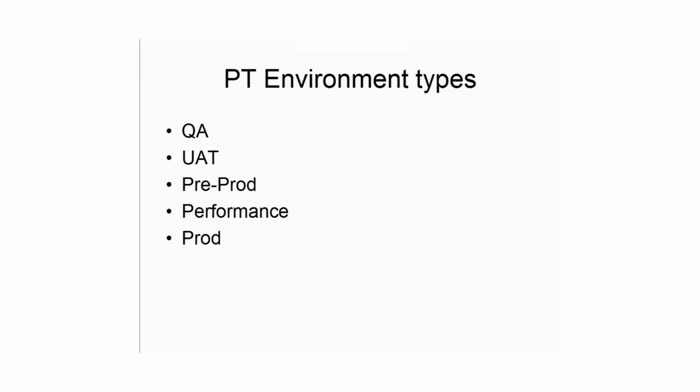There are different types of environments, like quality assurance environment, QA environment, user acceptance testing environment, UAT environment, and pre-production environment. But there could be a production environment as well, but there are situations when there is a dedicated environment even for performance tests.